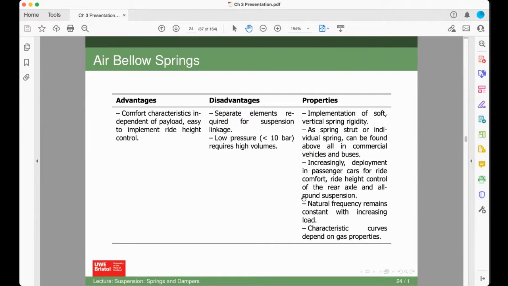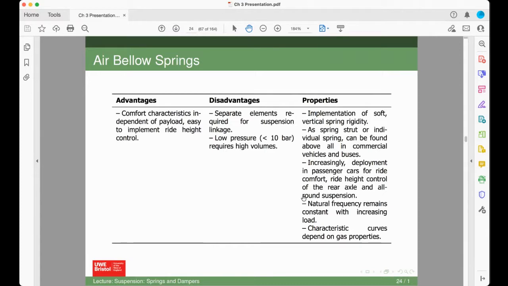And if you've got low pressure inside that air bellow, you need quite a big volume to give you the adequate requirements. The result is a soft vertical spring rigidity. An air spring, strut or individual spring can be found in commercial vehicles and buses as well.